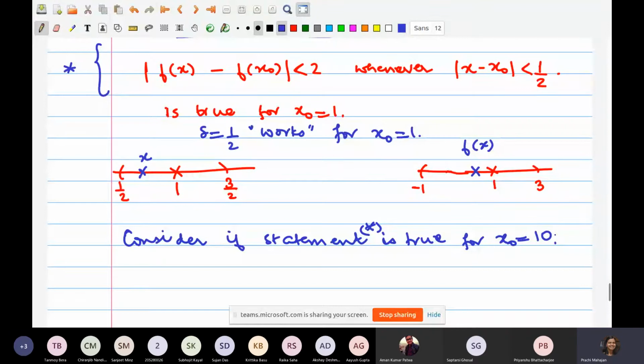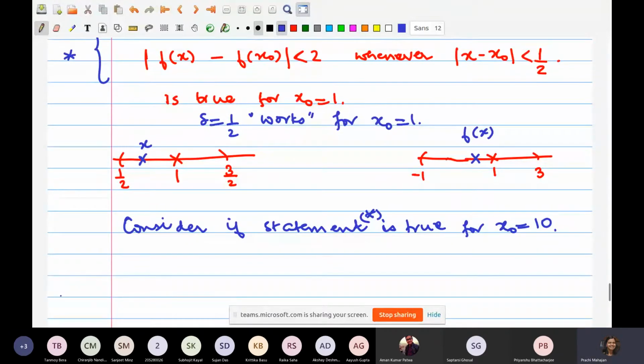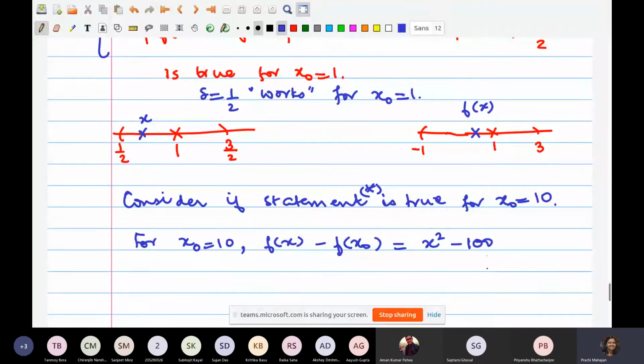So for x0 equal to 10, f of x minus f of x0 is by definition x square minus 10 square, which is x square minus 100. And what is it that we want?